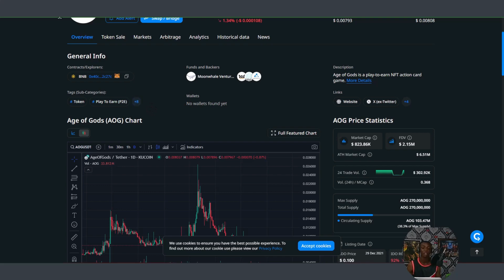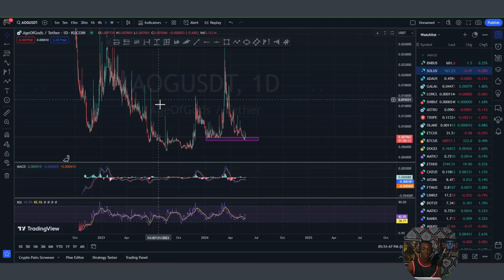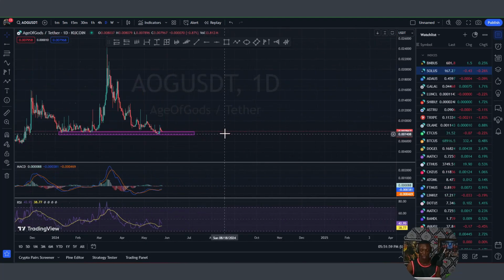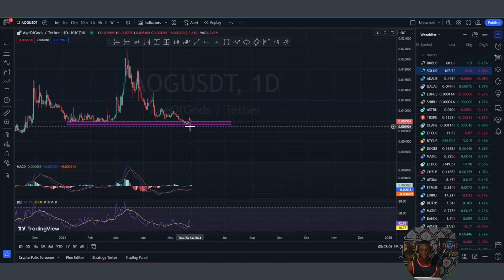So if we go to this Age of Gods, as you can see, it is sitting at a support level right here, and also making some bullish and some bearish candles here.